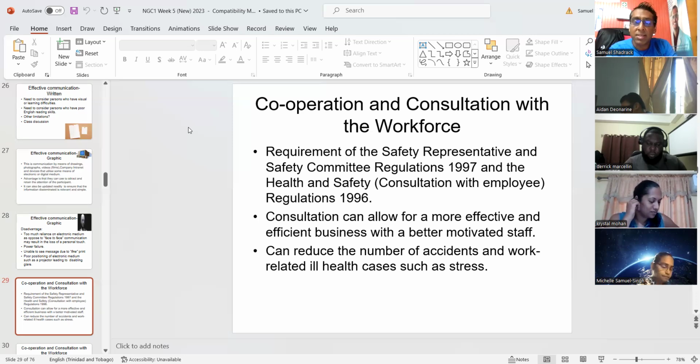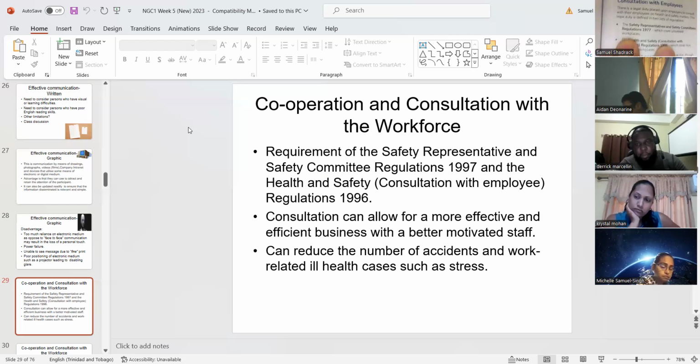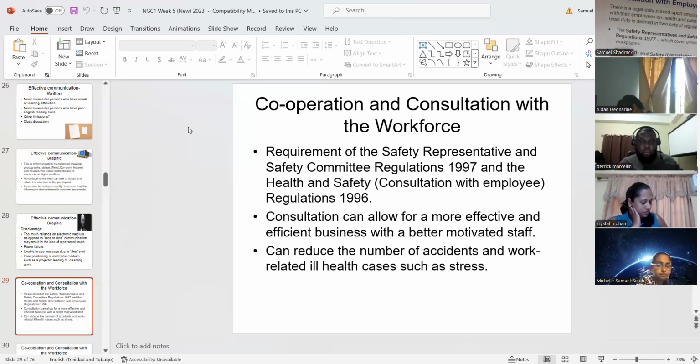Just watch your book a bit and you'll see. This is not an exam question, this is just a technical update. If you look at your book, page 11, you will see the Safety Representatives and Safety Committees Regulations. I'm going to hold it on screen. You'll see 1977, but I said 1997. So which is it? Who is wrong? Well, nobody is wrong.